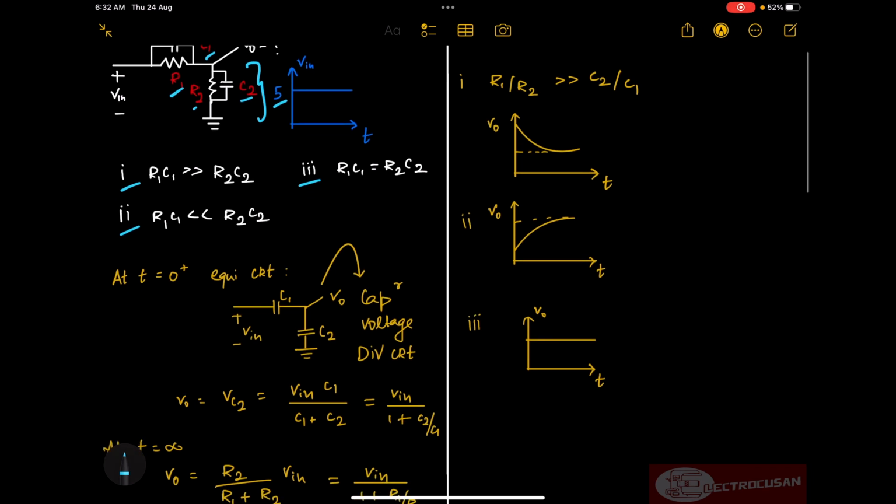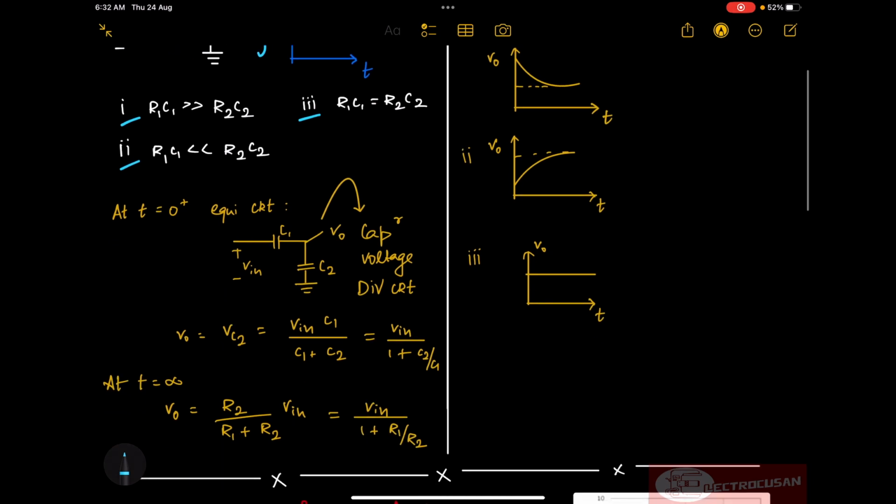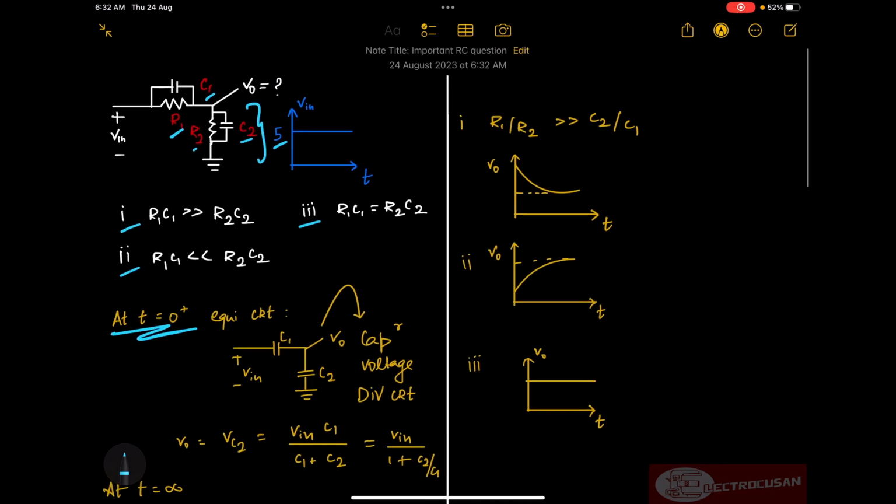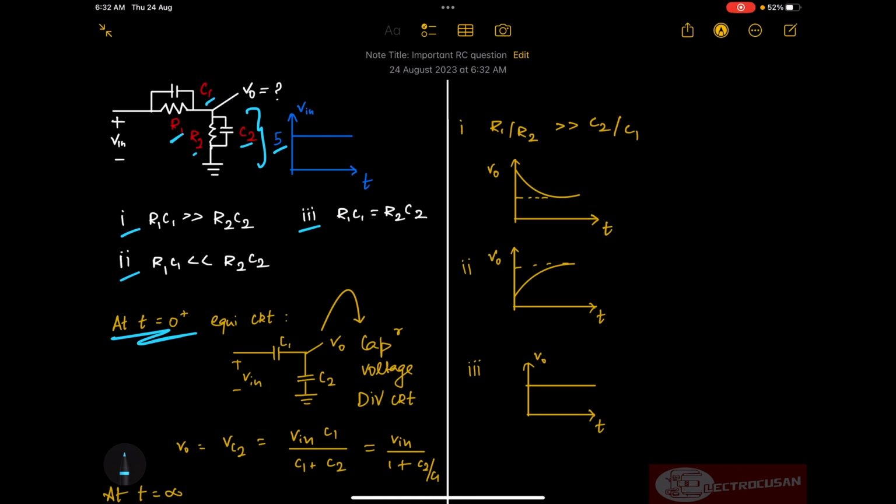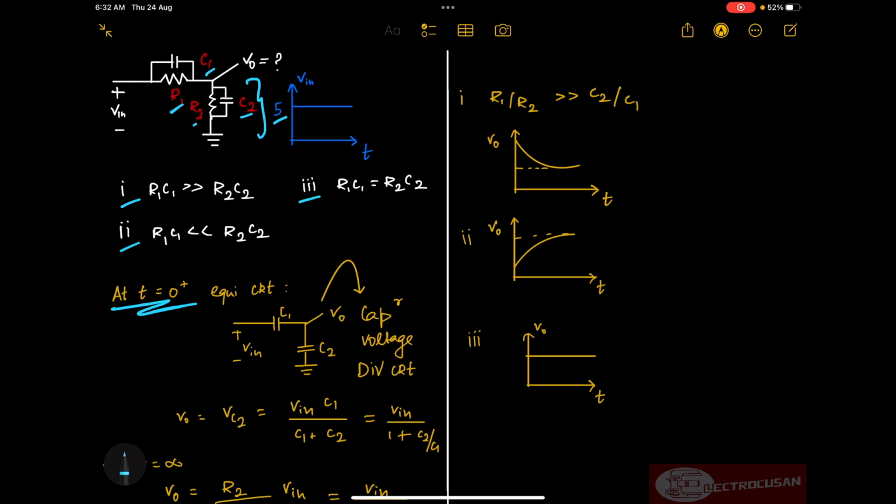As usual, we will find the output voltage at t equal to 0 and at t equal to infinite, and we will plot the output waveform. At t equal to 0, the equivalent circuit of the parallel combination of resistance and capacitance is simply a capacitance of the given value. So I have replaced the circuit with C1 and C2 in series combination.